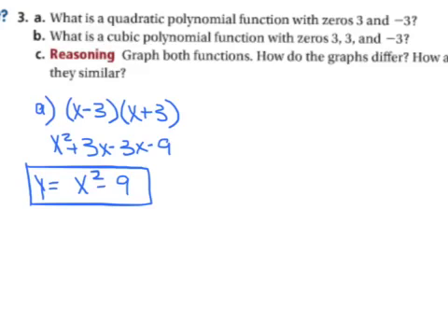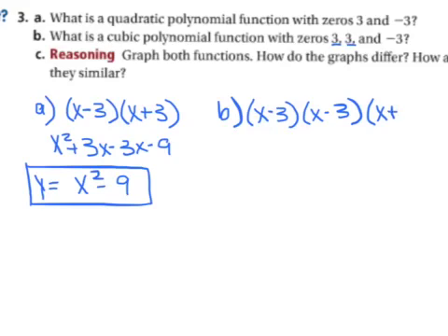There's our polynomial for part A. What's the cubic polynomial with zeros 3, 3, and negative 3? The factor that a zero of 3 comes from would be x minus 3. We have that factor of 3 repeated twice. So we have x minus 3, and x plus 3.